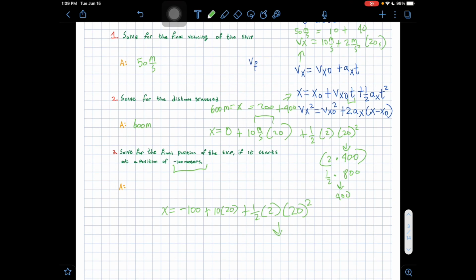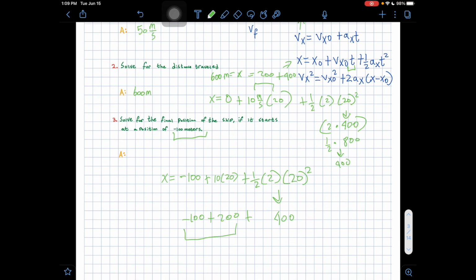So we already know that this was just 400, plus 10 times 20 is 200, plus negative 100. Well, negative 100 plus 200 is just 100, plus 400. That just gives us 500. This is a position or displacement or distance type of measurement, so it's going to be in meters. So we have 500 meters as our answer to number 3.